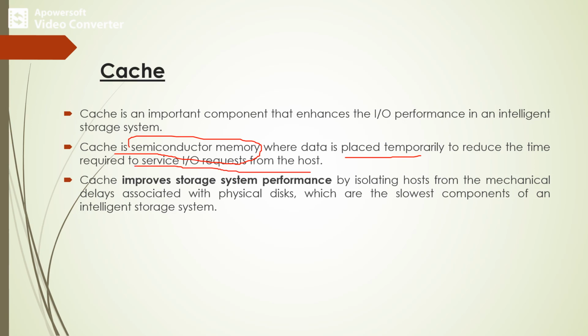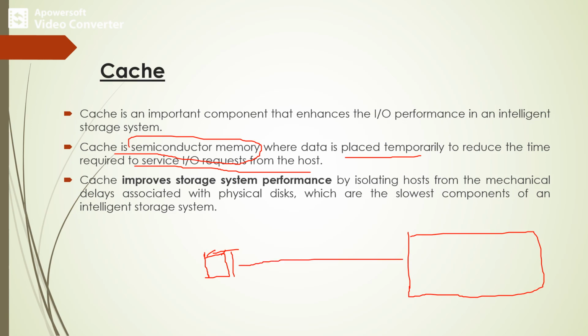the host. So suppose I am considering a single host here and I have one main memory. The size of the main memory is large. Suppose the host is trying to access the data from the main memory. It takes longer time.